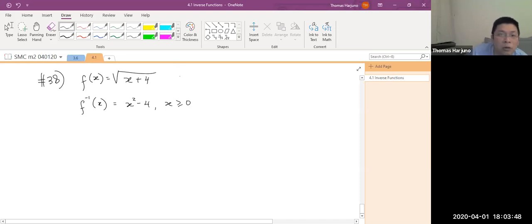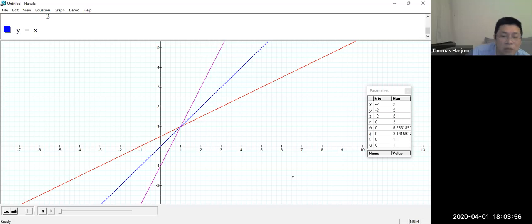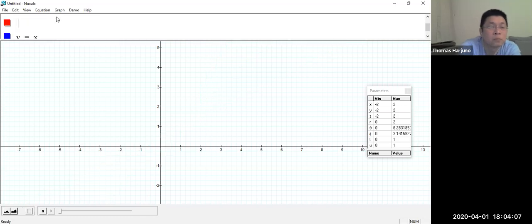We did that earlier, right? Okay, now let's take a look at the graph. This is y = x squared minus 4.